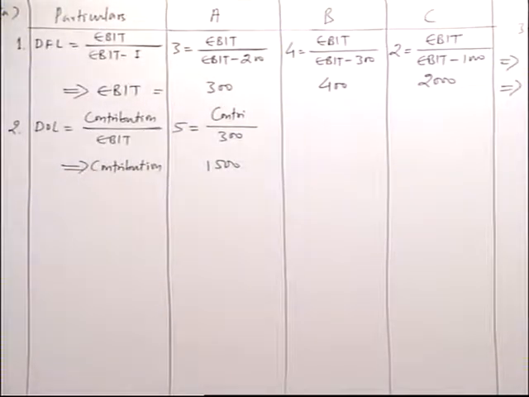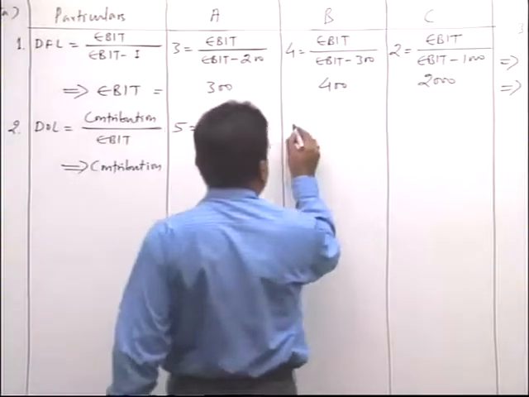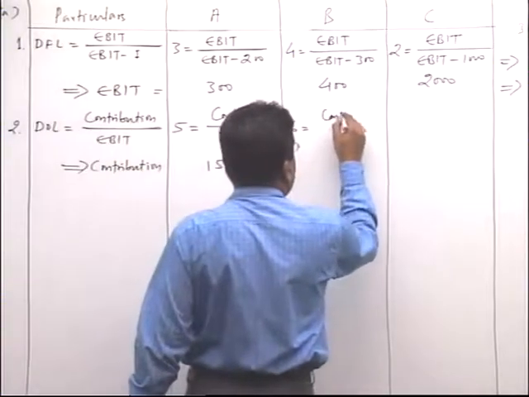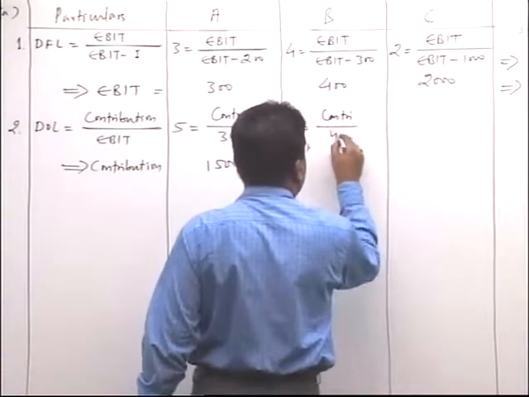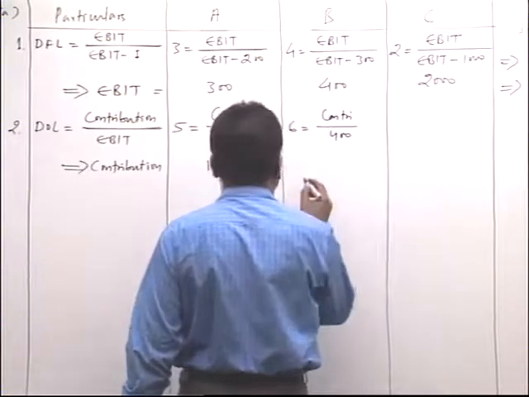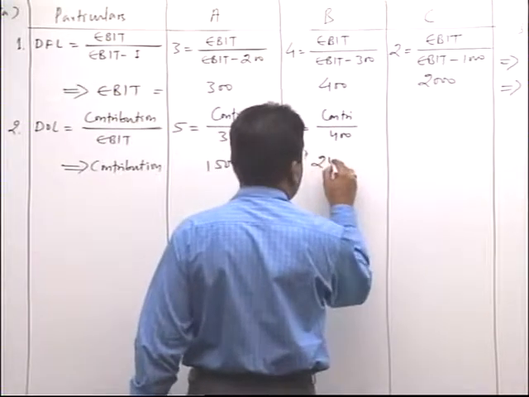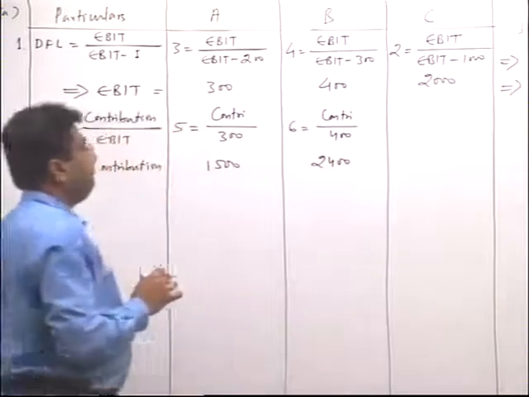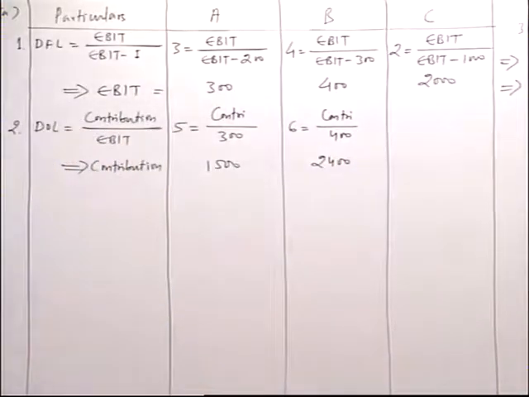Same way in company B, degree of operating leverage is 6. So, 6 is equal to contribution upon 400. That implies contribution is equal to 2400. And in company C, you can see the degree of operating leverage is 2.